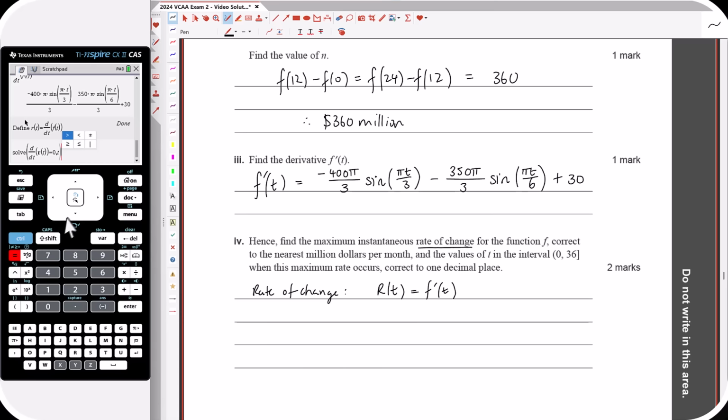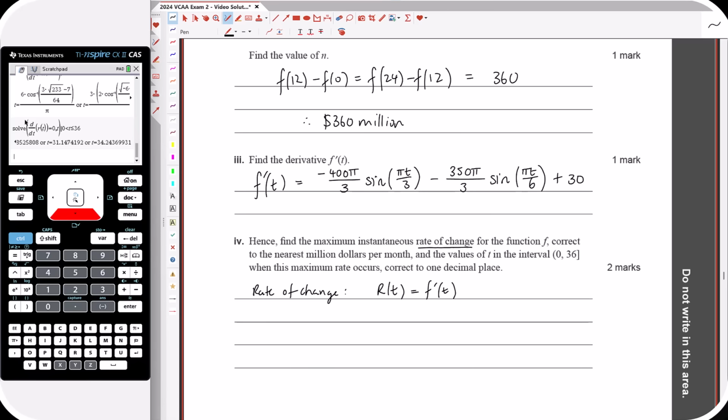We're going to get a lot of stationary points, and then we have to work out which one's the maximum, and so on. So I think you'll find that this is not going to be the most helpful way to do it. Less than or equal to 36. All right, and even if you control enter, I've got 1, 2, 3. It's gone too far. They've got heaps and heaps of solutions.